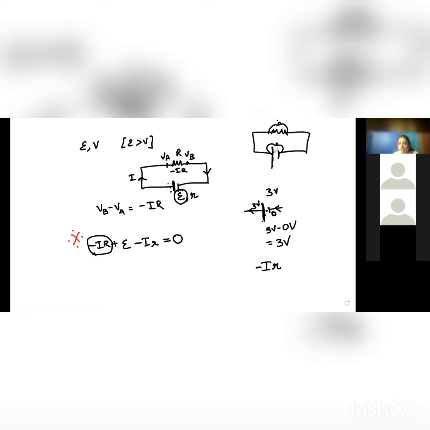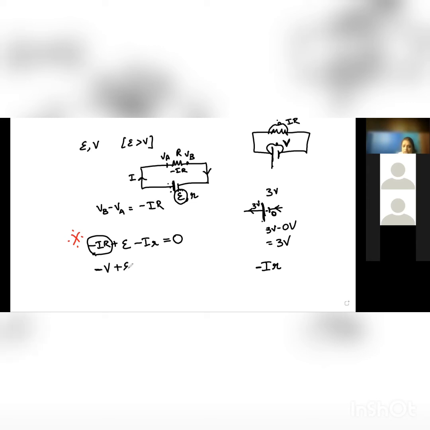Okay, so what is the potential drop across the cell when current flows through it? It is V, right? So this V is equal to I into R, right? So I can substitute IR as V. The sign will remain as it is.